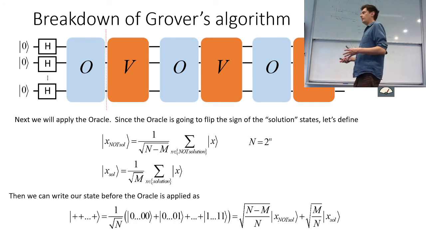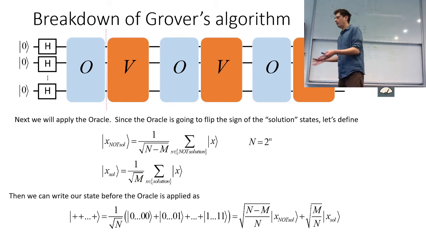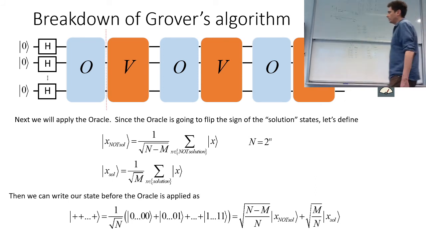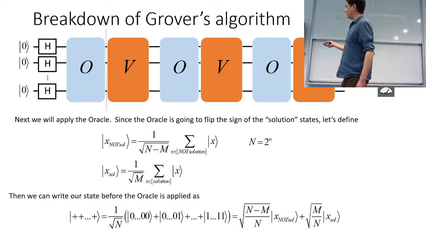Remember, n is the size of the space, but m is the number of solutions. If there's more than one solution, then this algorithm finds sort of all of them, in a sense.